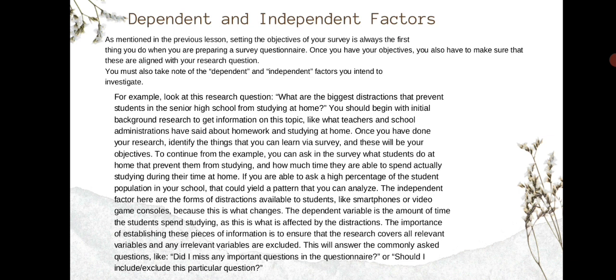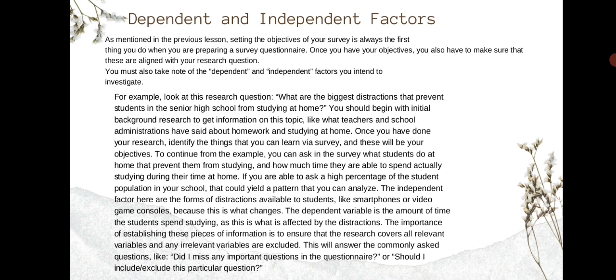Once you have done your research, identify the things that you can learn via survey, and these will be your objectives. To continue from the example, you can ask in the survey what students do at home that prevent them from studying and how much time they are able to spend actually studying during their time at home.